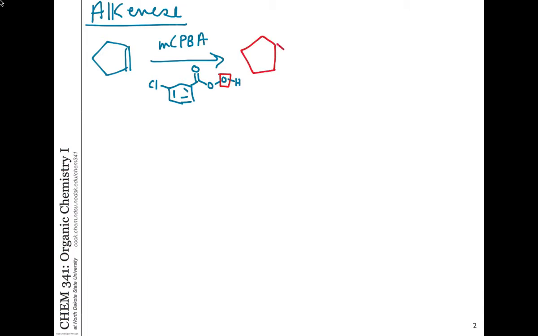It forms this three-membered ring. The double bond could be in a ring like I've shown there, or it could be an acyclic alkene. It'll form an epoxide. So that's one example of an oxidation reaction that we can do on a double bond.